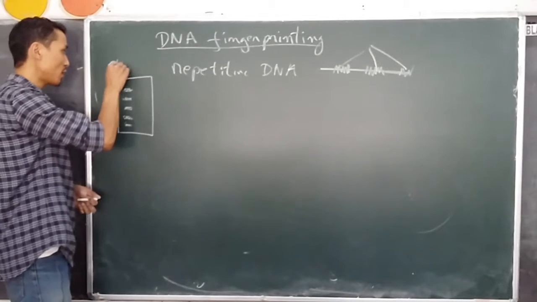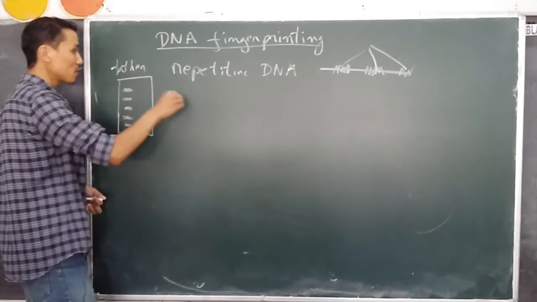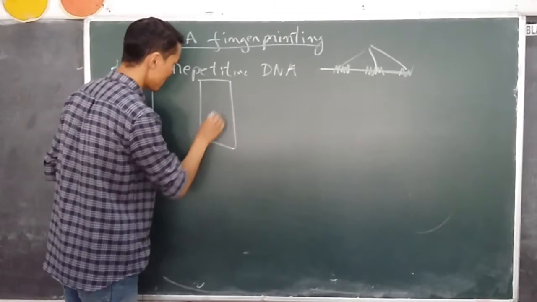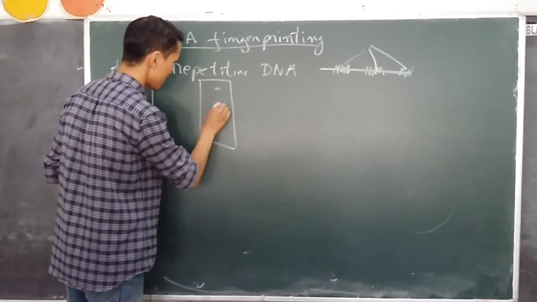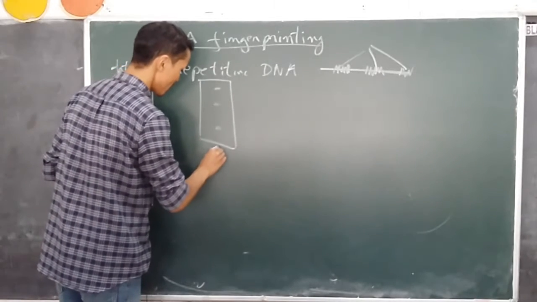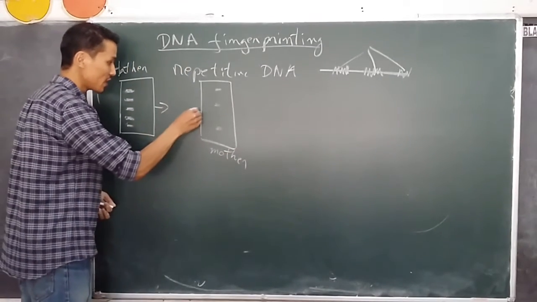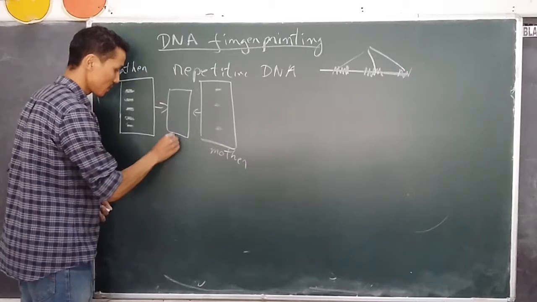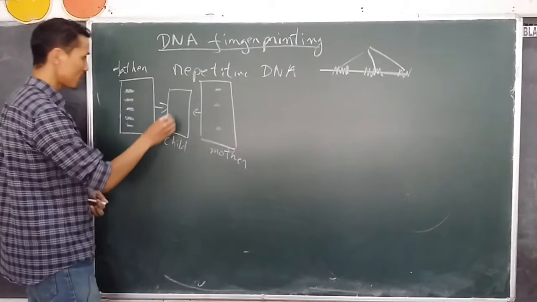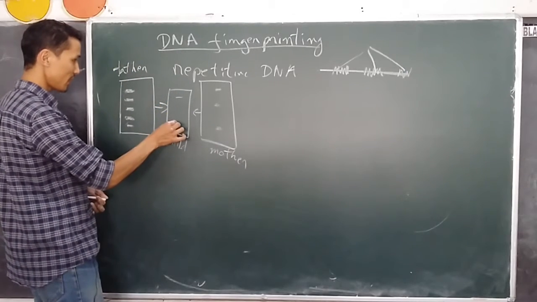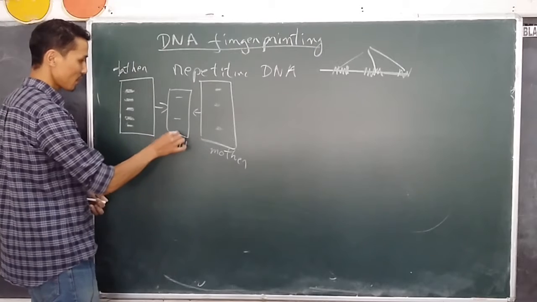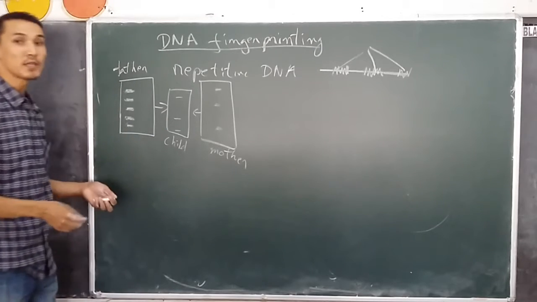For example, this band belongs to a father, this one belongs to a mother, and obviously the child will have an intermediate pattern.